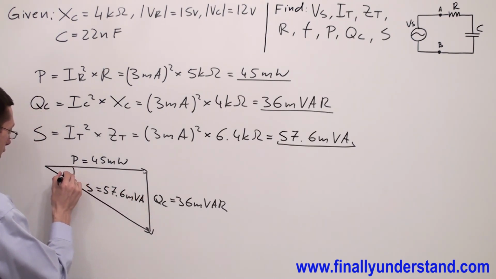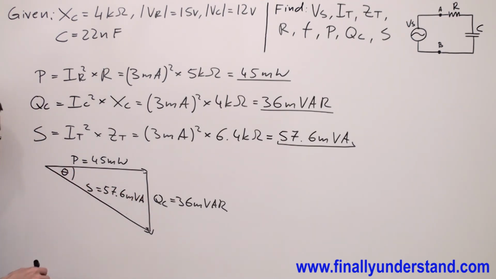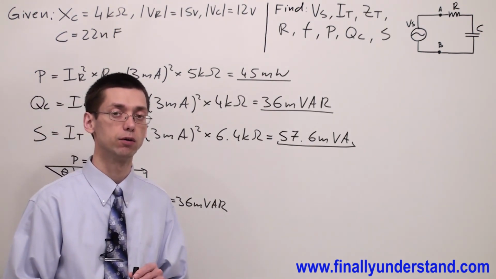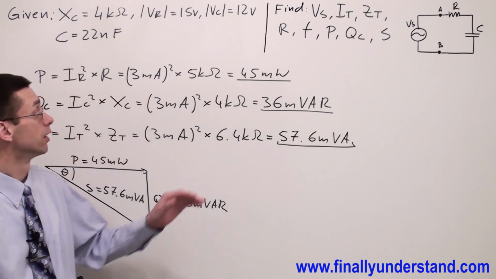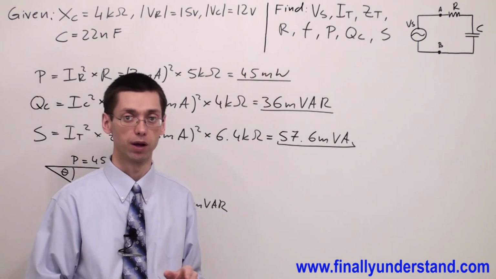And of course, this is angle theta, which is the angle which we found next to Z total. So we can say that we found everything. The problem is solved.